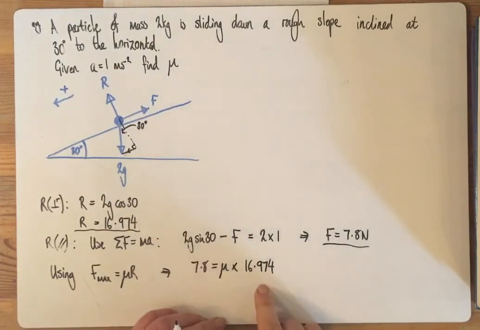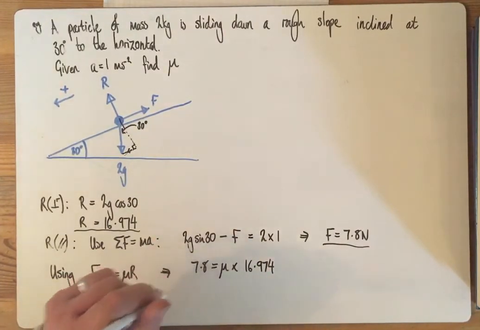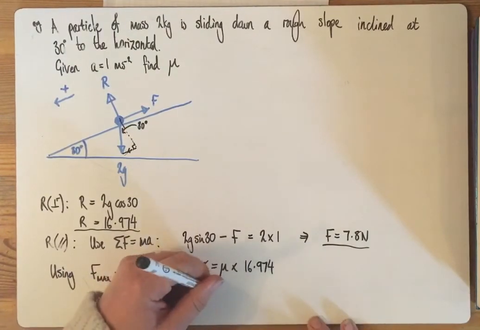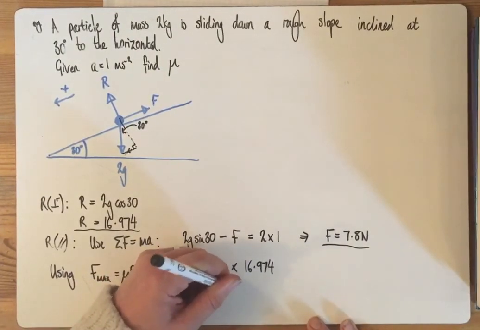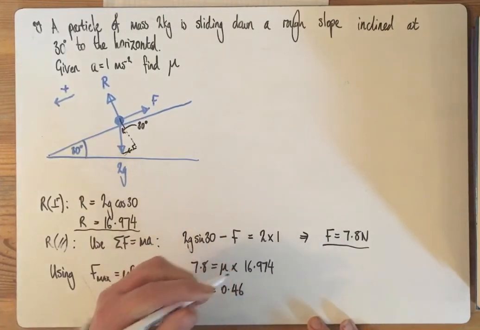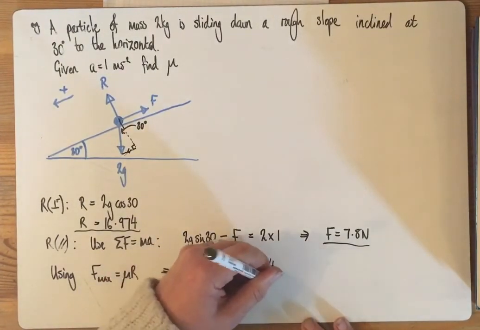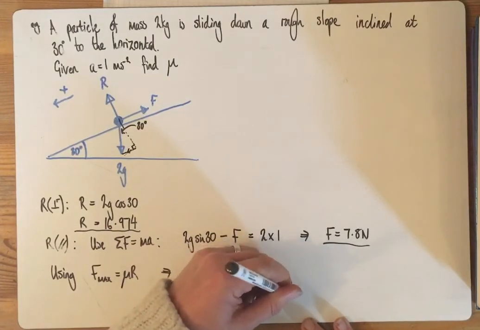But if you've stored that to x on your calculator, then you can do 7.8 divided by x to get to mu. And then you can be pretty confident you haven't got a rounding error. So mu comes out as 0.46, and that's to 2 sig fig.